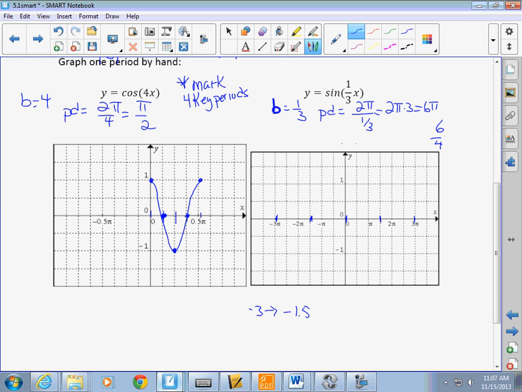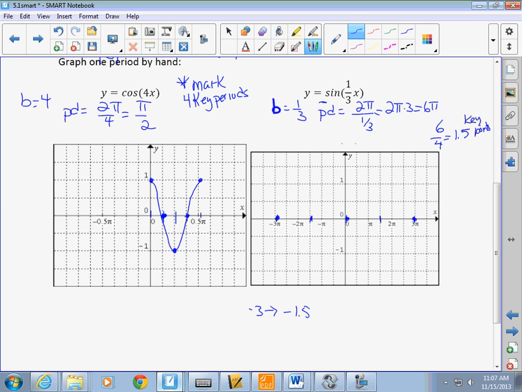And start at 1. So I know at a sine graph I have to start at 1, or sorry, I start at 0 on a sine graph. Yeah, this is sine. So I know then from before that I start at 0, and then halfway through my graph I'm at 0, and then at the end I'm at 0.